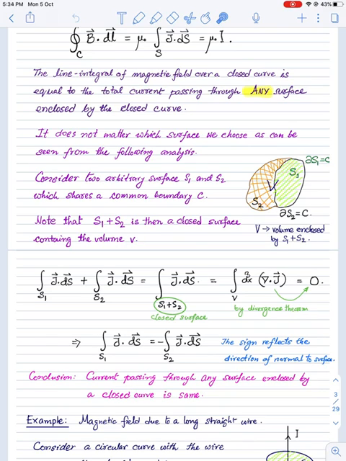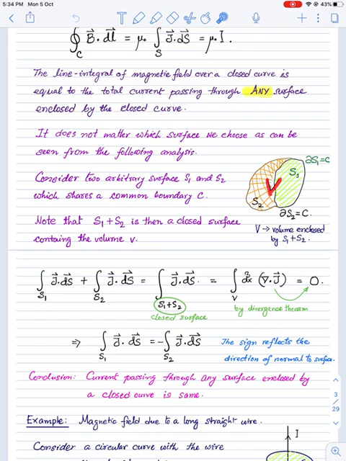You see, this S1 and this S2 form a closed surface that encloses some volume V. As long as they end on the same curve C, they will form a closed surface, because both S1 and S2 end on the same curve C, right?